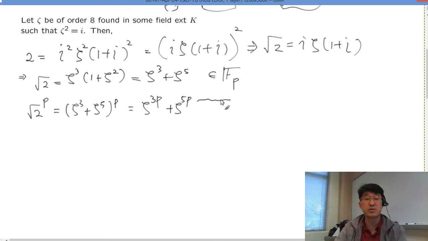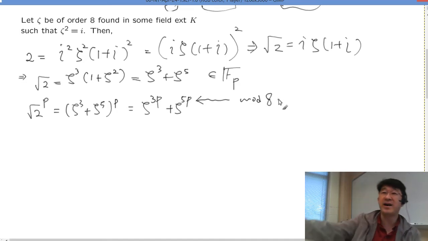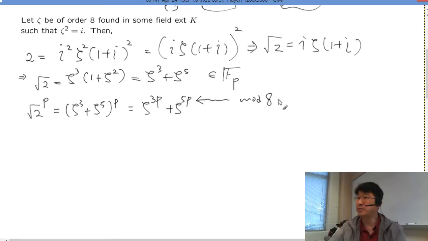How is this exponent world? Is it modulo what? Not p minus 1, no. It's the order of zeta. What is the order of zeta? 8. So it's a mod 8 world up there. Remember the supplementary quadratic reciprocity for 2, quadratic residue mod 8; it is coming from this relation.